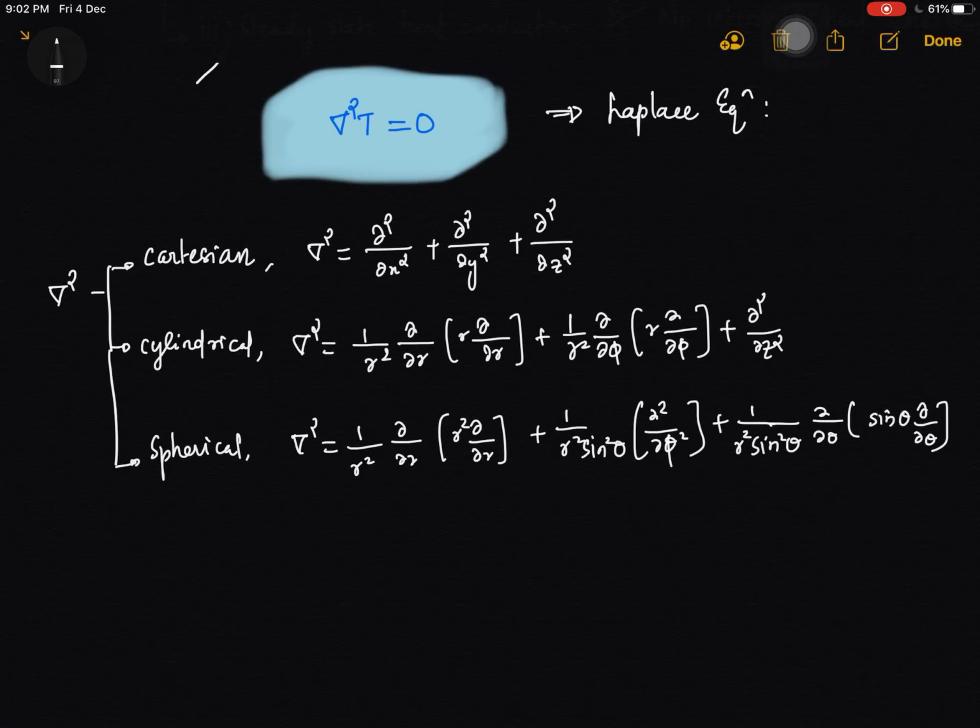Okay, so these are the various forms of del square in Cartesian, cylindrical and spherical coordinates.